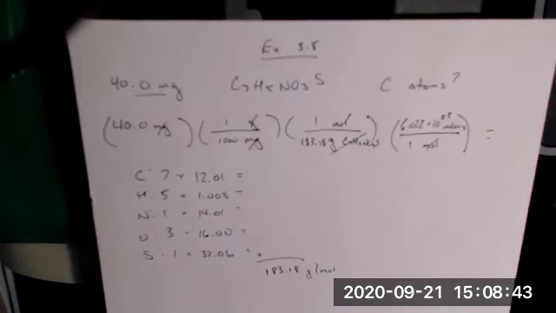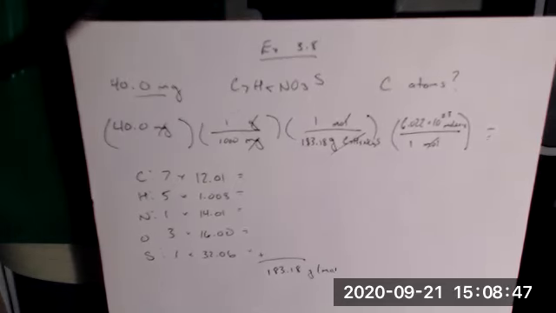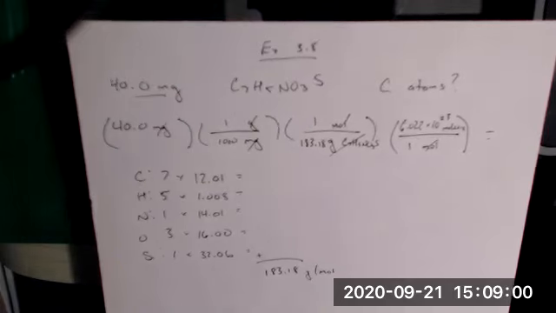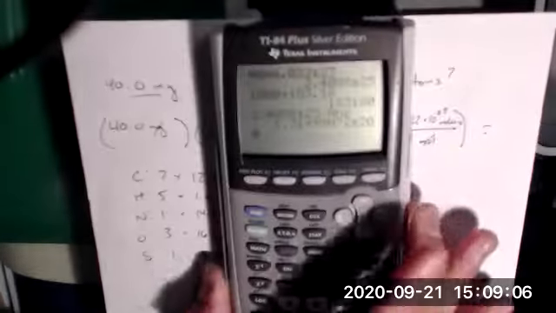On the top, I have 40 times 6.022 times 10 to the 23rd. On the bottom, I have 1,000 times 183.18. Then I divide numerator over denominator.